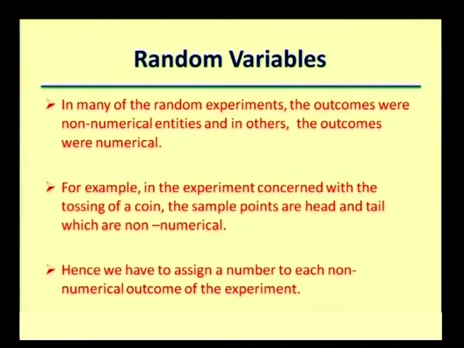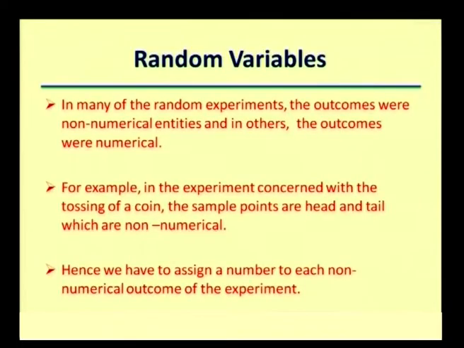of random variable. So basically, what is called a random variable? In many of the random experiments, sometimes the outcomes are non-numerical, sometimes the outcomes are numerical. If the outcome is numerical, it is well and good, we can proceed further with the numbers.